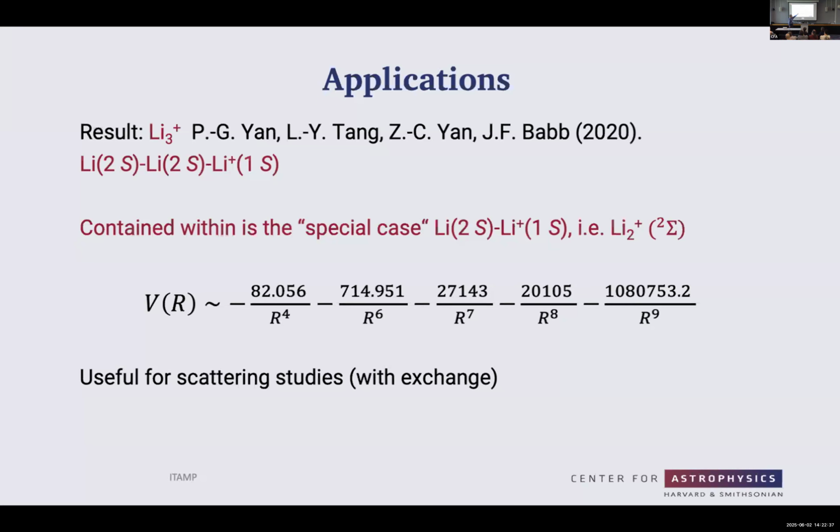That's this first term. Then we have the induced electric quadrupole interaction, and then some other terms, a hyperpolarizability term, and so on. So this could be useful for scattering studies. You need exchange though, because I'm only listing the doublet sigma state. So if you want to do a g and a u, you're going to need some exchange.